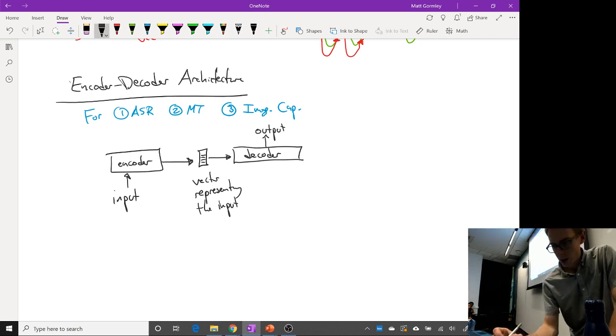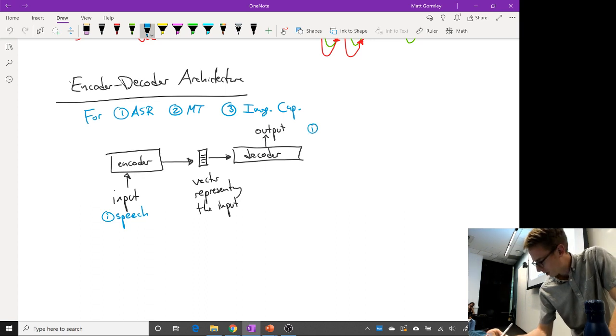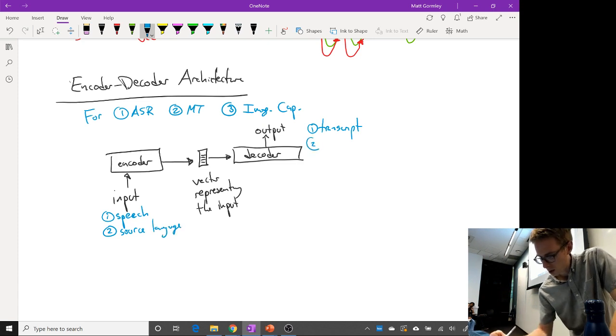So if we're doing speech recognition, then the input is speech, and the output is a transcript. If we're doing machine translation, the input is, say, your source language, like maybe English, and your output is your target language, like maybe Spanish.